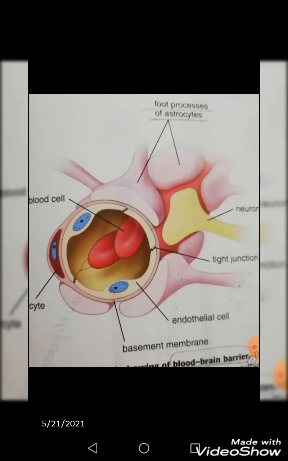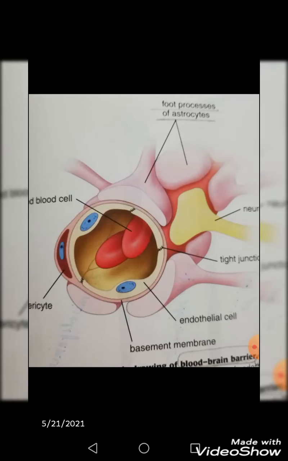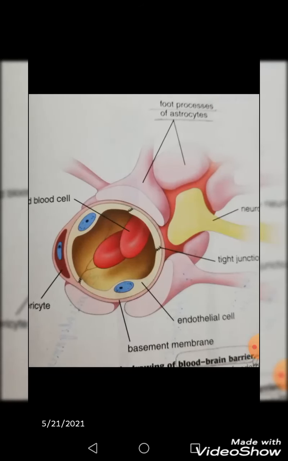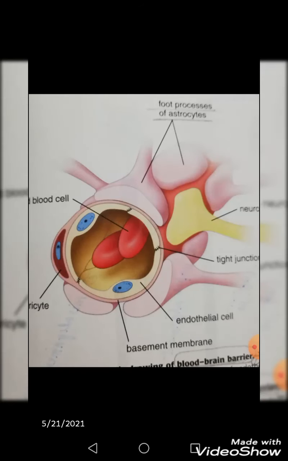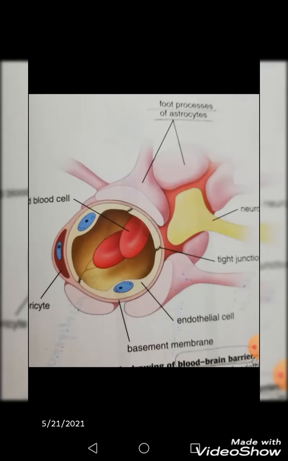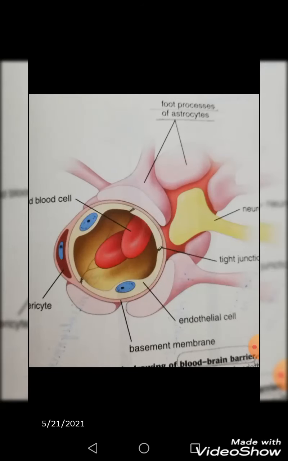And if electron studies are done, we should know that it depends upon the tight junctions called zonulae occludentes, right? And they are present in between what? In between the endothelial cells of your blood vessels, especially the blood capillaries of the neuronal tissue of the CNS, right? And the other thing that we come across are the astrocytes.